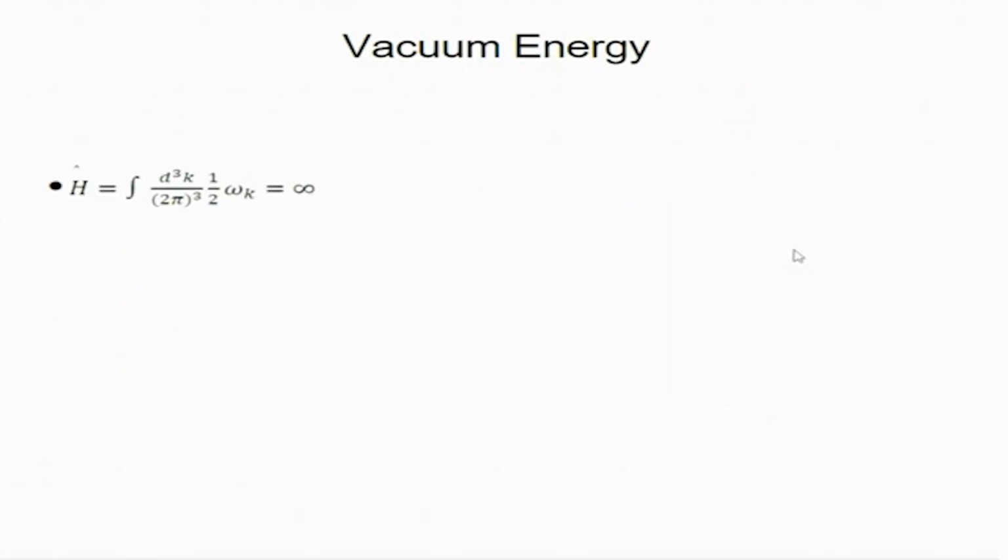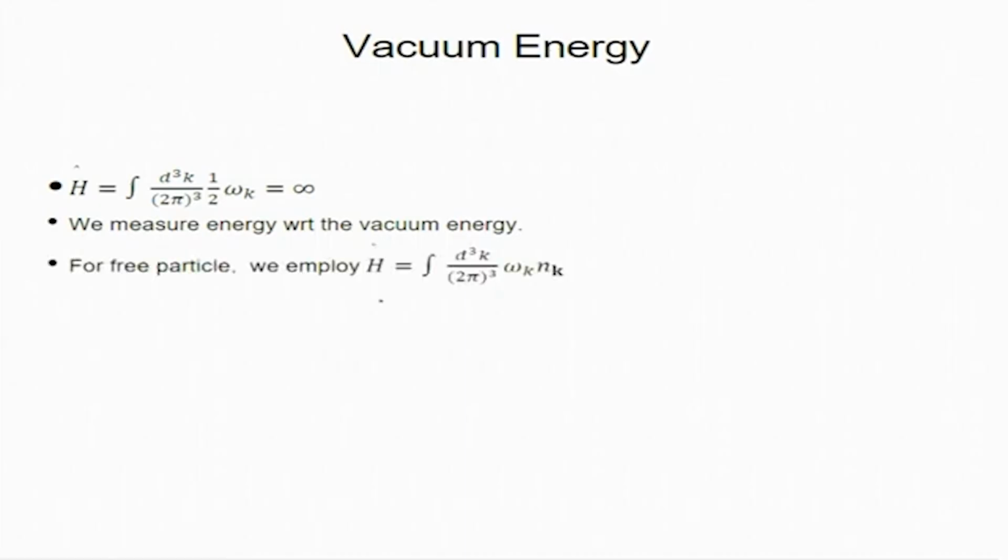Now, vacuum energy. As I said, this integral is infinite, straightforward, nothing complicated. If you have infinity, then what do we do? One thing is to say, well, there is infinity, but we will keep that as a background, and anything above that infinity is what we will measure. That is what we compute. The infinity part is kept aside.